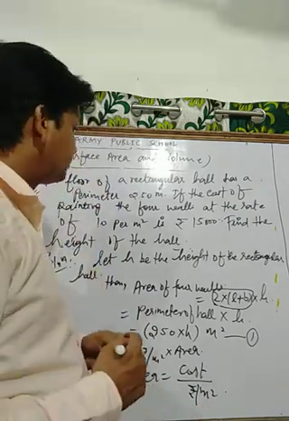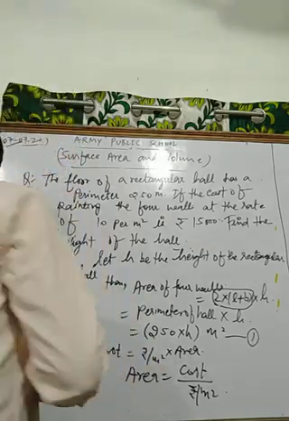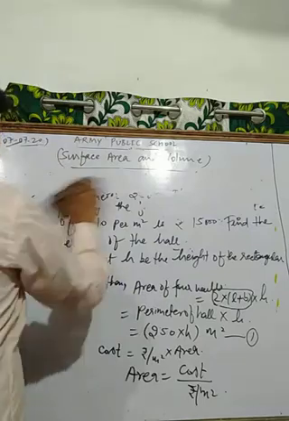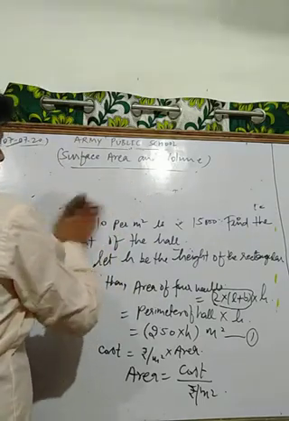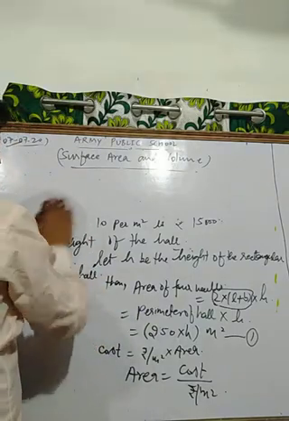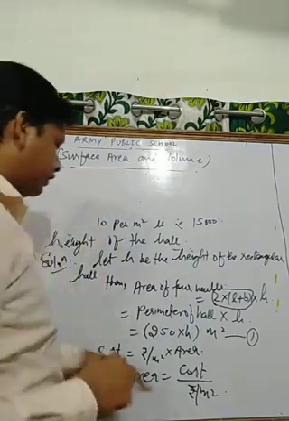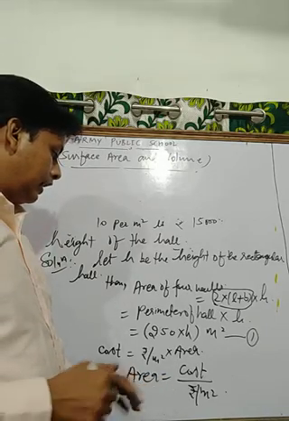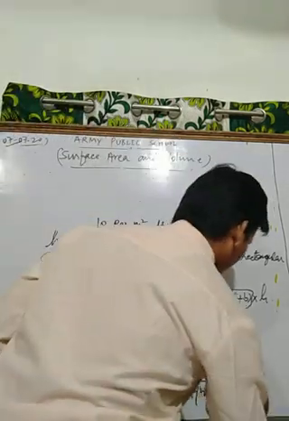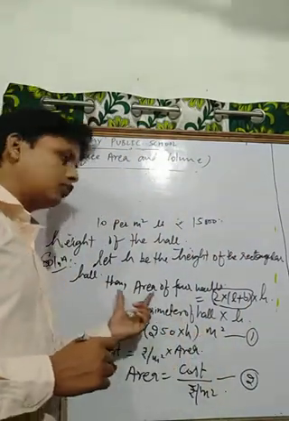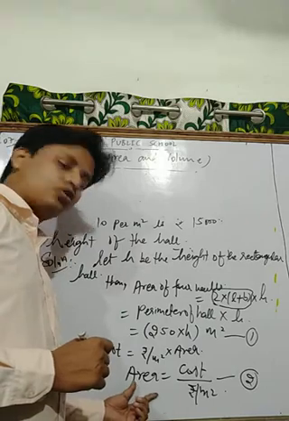Now here first of all take equation number 2. Now using 1 and 2, this is also the area of 4 walls and this is also area.